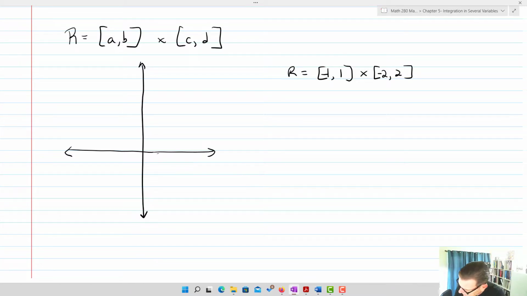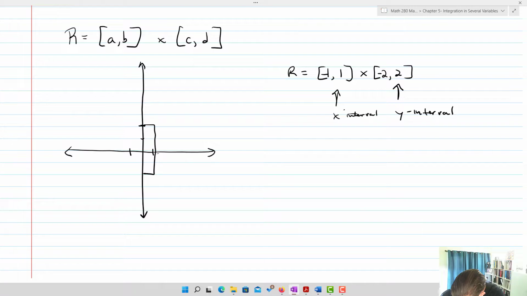And so this is going to be the x interval. So on my x-axis, I'm going to go from negative 1 to 1. And this is going to be my y-interval. And so I'm going to go from negative 2 to 2. Okay? Negative 2 to 2.